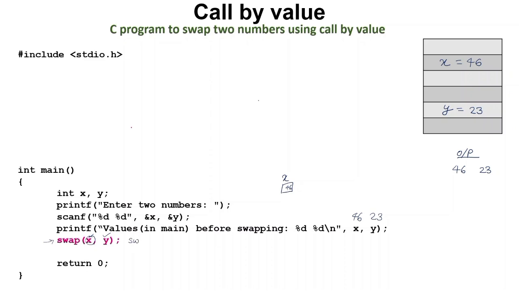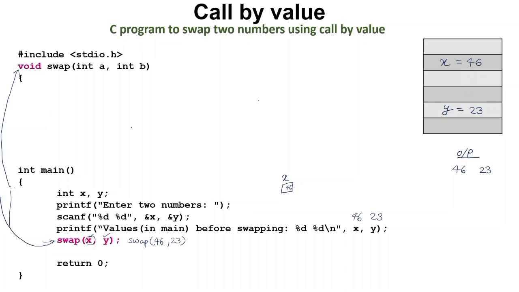The function being called is swap, with x value 46 and y value 23. So this swap function is called. Let's define the swap function. From here your control is transferred to this function over here.